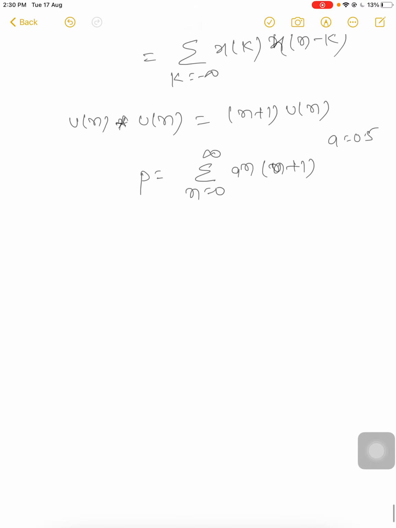Okay, so solve it. After simplification we will get p is equal to 1 upon (1 minus a) square. Put all the values, n is equal to 0, 1, 2, 3, then it will become a GP, and after simplification and putting a is equal to 0.5, you will get p is equal to 4. So the answer will be 4.